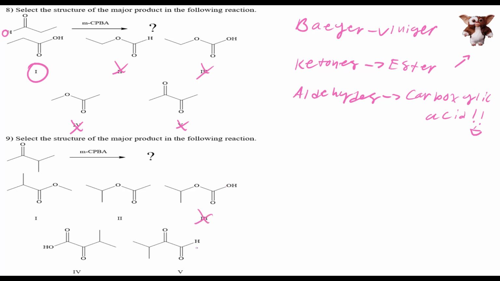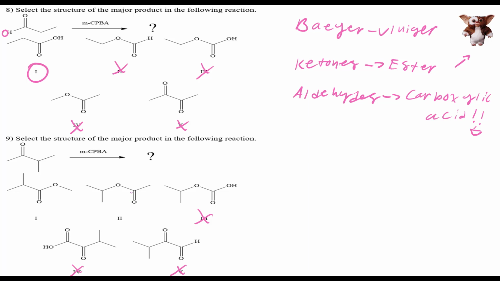So that's wrong. That's an aldehyde. I don't see how we got an aldehyde. That's kind of like a carboxylic acid on this structure. Not good. So now we're working with esters. It's either between 1 and 2. Okay. Well, which one is it?